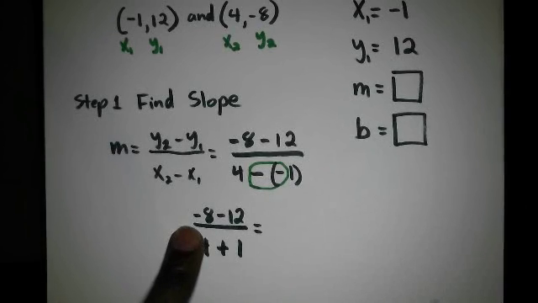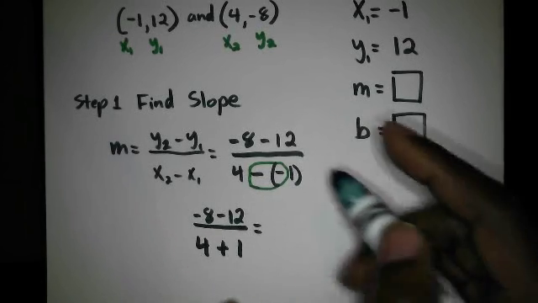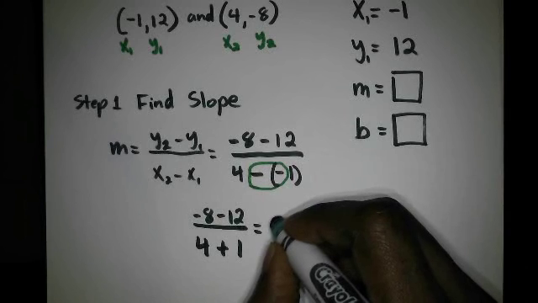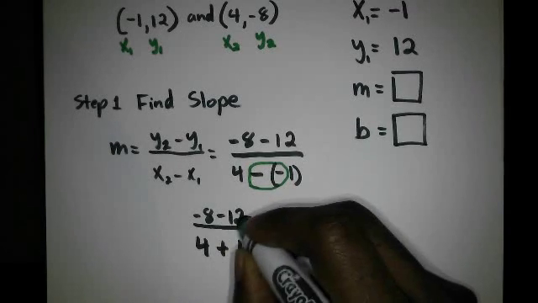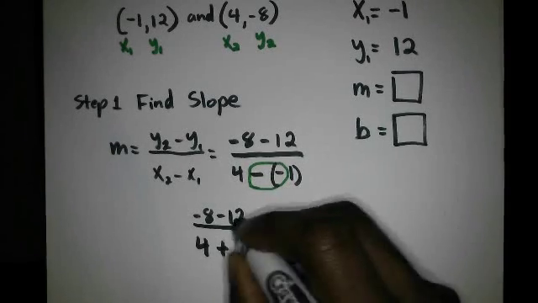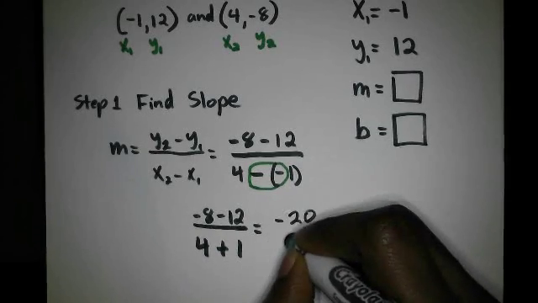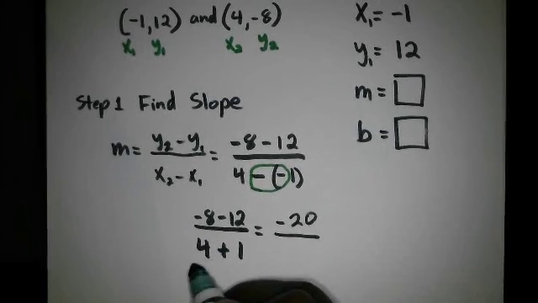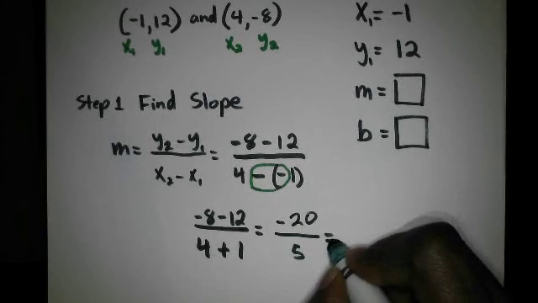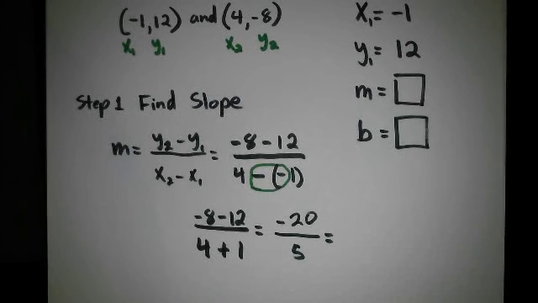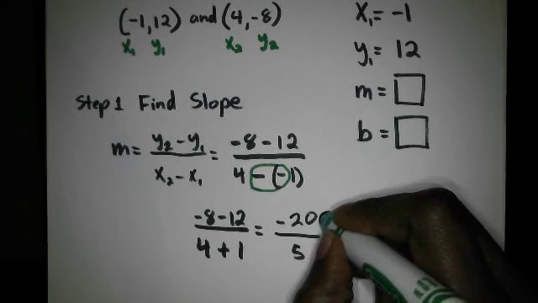Let's go ahead and simplify this. -8 minus 12: we add the numbers, 8 plus 12 is 20, and because they're both negative, this is -20. On the bottom it will be 4 plus 1, which is 5. Let's reduce this, and we can reduce this by 5.